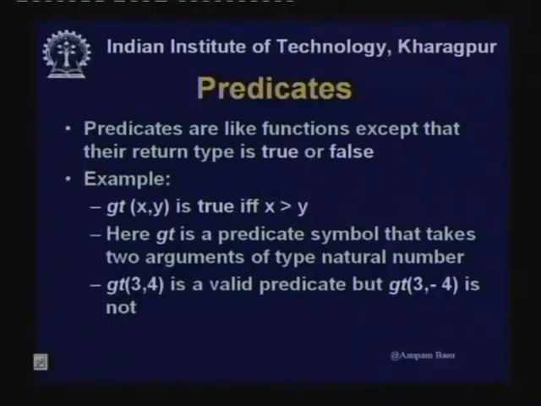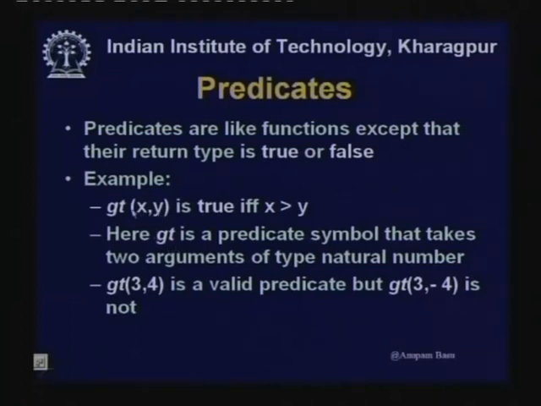If x is instantiated with the value 5 and y with the value 10, then this entire predicate will evaluate to false, because 5 is not greater than 10.